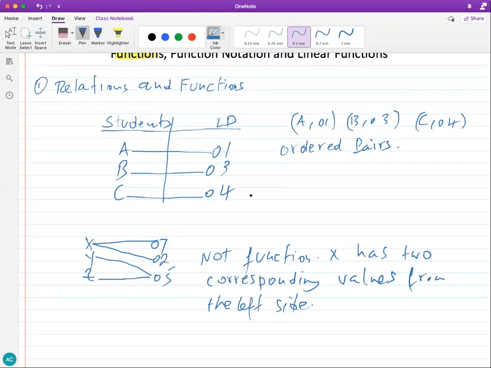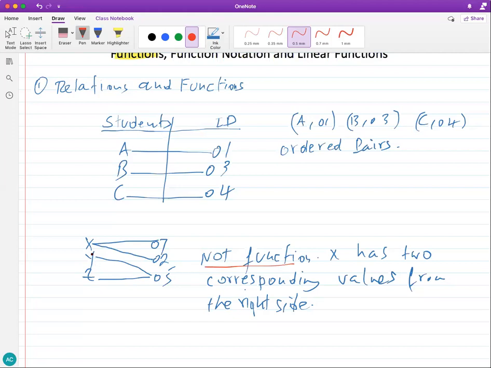As opposed to this one where x has two values from here. So always think of it this way. If you see one element from the left having two elements from the right, then that's not a function. It's just a relation.